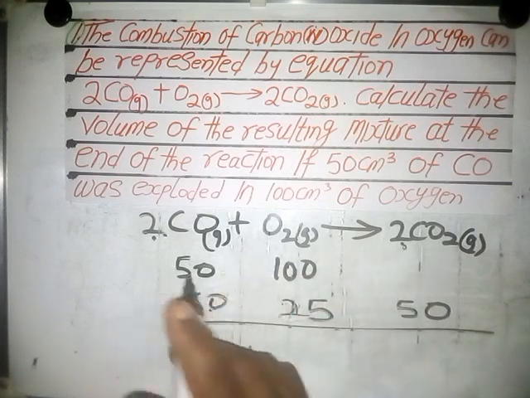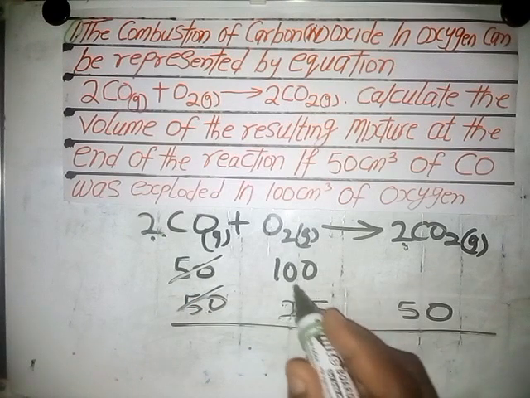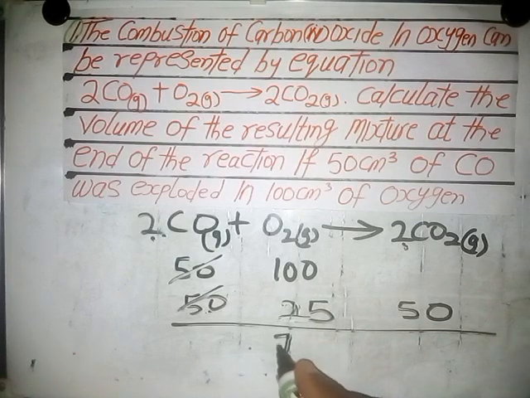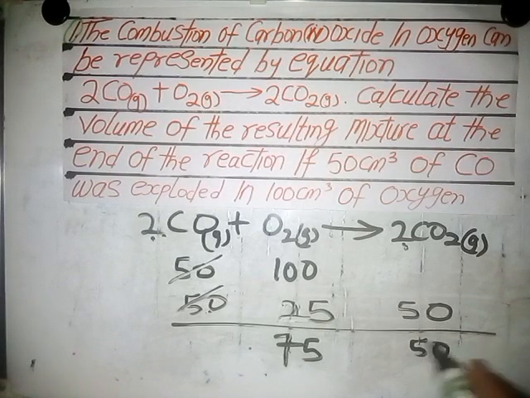So from here, I'm going to subtract. This is already gone, which means everything here was used up. Then here, 100 minus 25, I'm going to get 75. Then here we are left with 50.